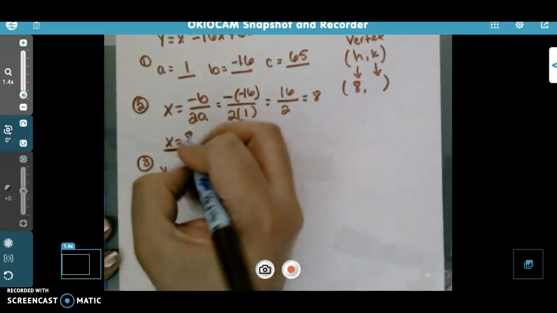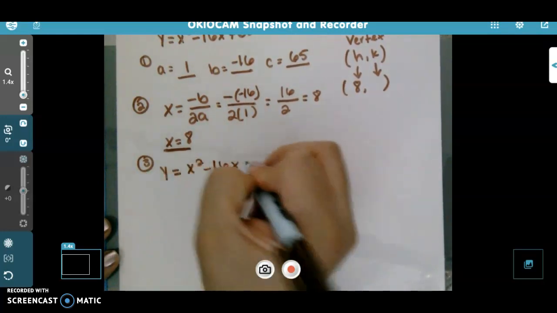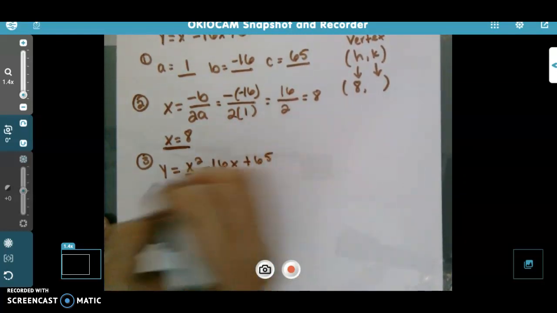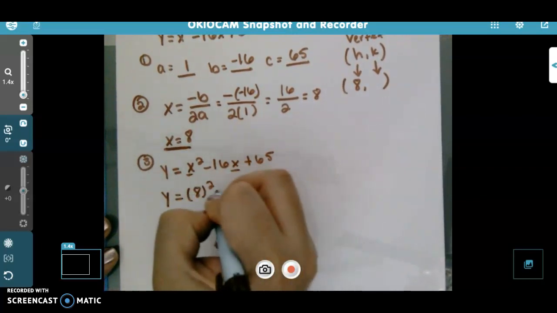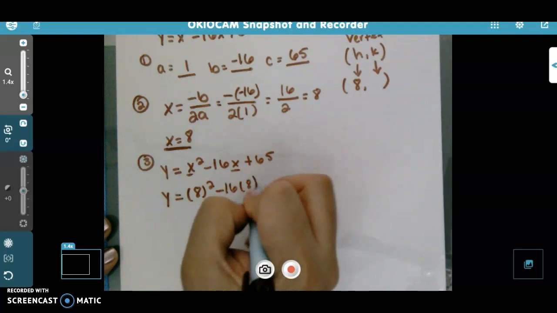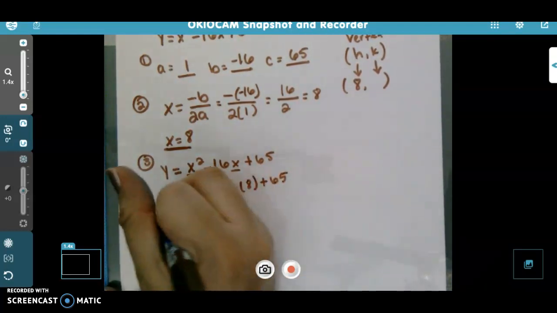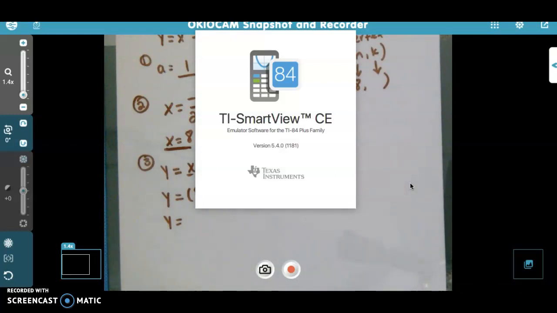y equals x squared minus 16x plus 65. So I'm going to go ahead and substitute the x's for 8. So it would be y equals parentheses 8 squared minus 16 parentheses 8 plus 65. So I'm going to go ahead and pop into my graphing calculator so you can actually put this in. So give me about a couple of seconds here as I pop this up so we can actually solve this, okay guys?